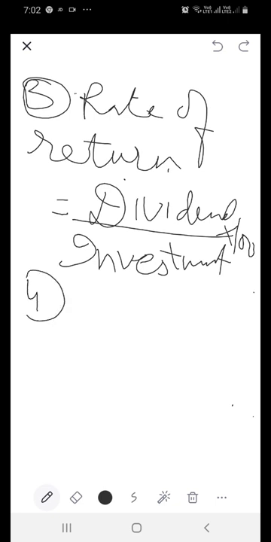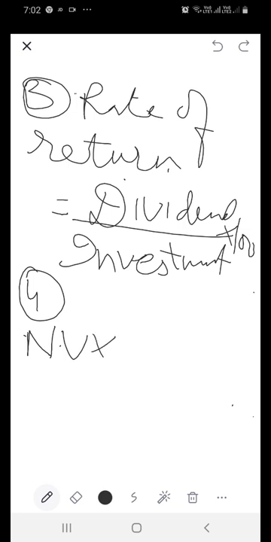And the fourth formula, sometimes you may be asked to find, because it depends. Market value can be calculated with the help of the first formula also. Market value can be calculated with the formula which I am writing now also. So that depends on what is given in the question. According to that, the formula is to be decided.